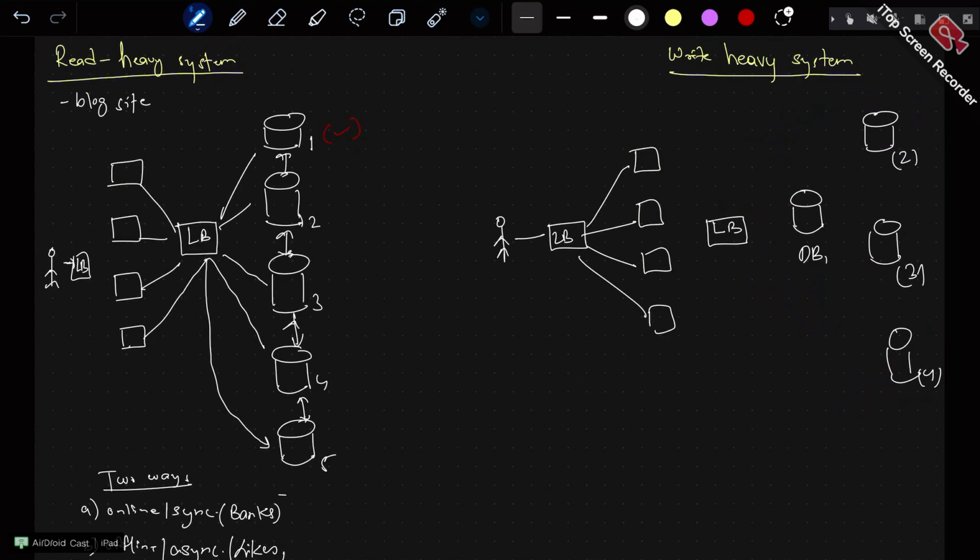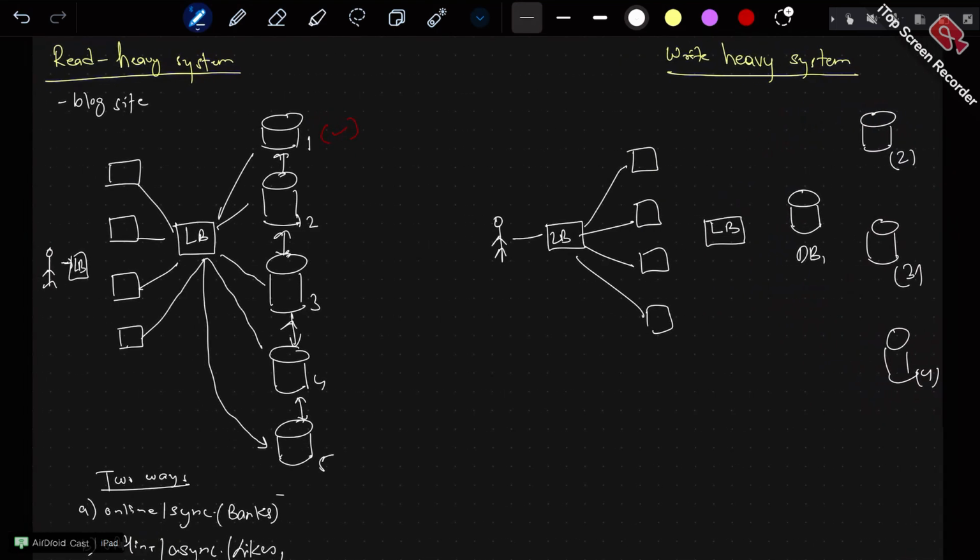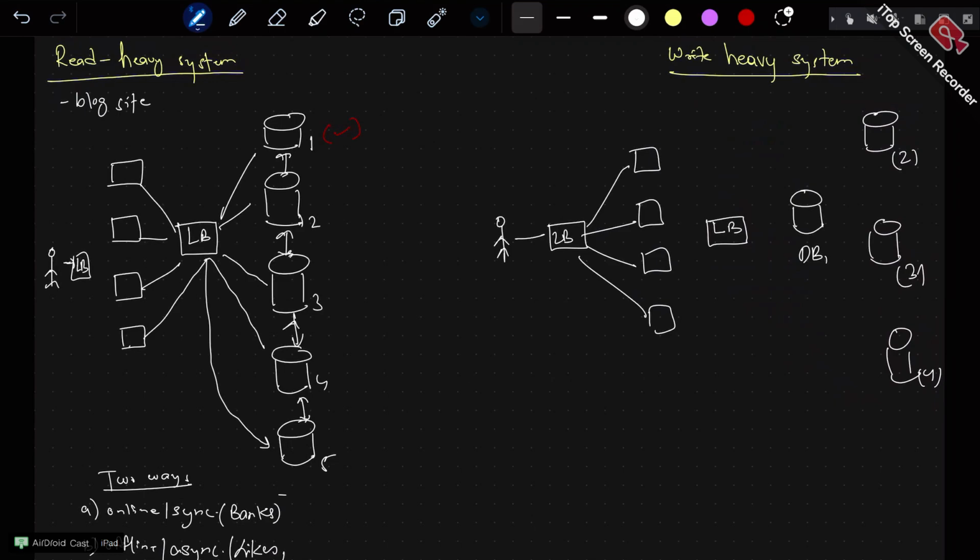We have a load balancer also. What's the difference between this load balancer and this load balancer? I keep on drawing, right? Do you know the difference? The difference is basically that one is present in front of the DB layer and another is present in front of the application server layer, right? That's the only difference, nothing much.